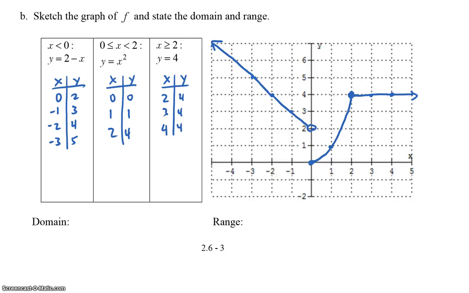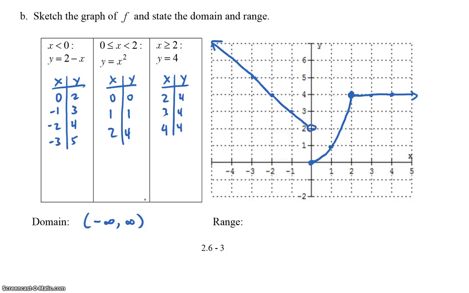The domain, as you can see, is the set of all real numbers. We have values of x less than 0, between 0 and 2, and greater than 2. We have all values of x. There are no values of x for which we cannot compute a function value. So the domain is the set of all real numbers.